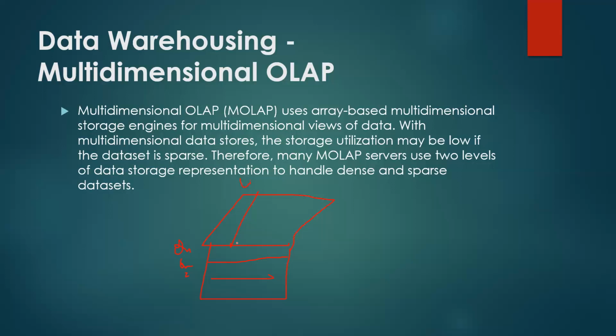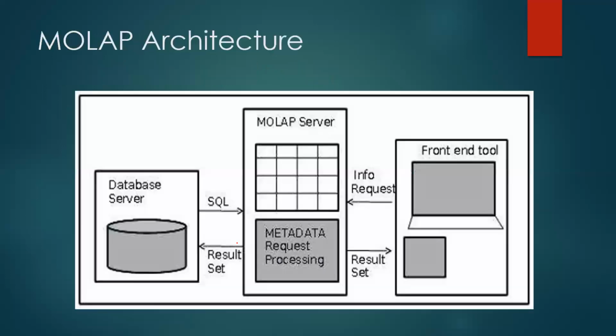So when you have a lot of data and you want it to run faster, there is nothing better than MOLAP. So let's look at the MOLAP architecture. Not much different than ROLAP, right? You have a server and it does the metadata request processing.